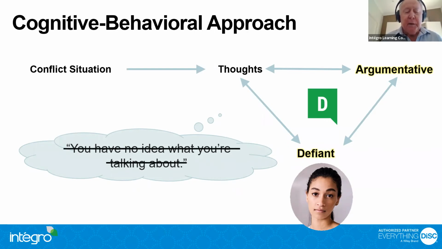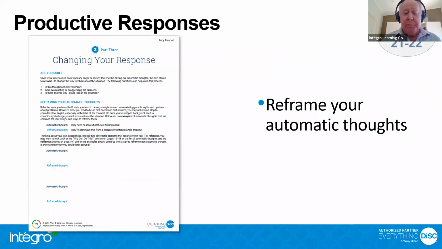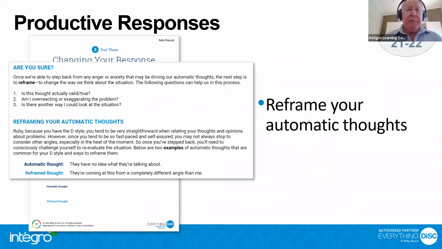So what if she reframed that? Change that thought to, he may have a different perspective, I need to listen. The feelings would be to be more open-minded, and the behavior would be to listen. There's a section in the profile where people get practice at reframing their automatic thoughts. And this little piece at the top here: once we're able to step back, the next step is to reframe. The following questions can help us do this.